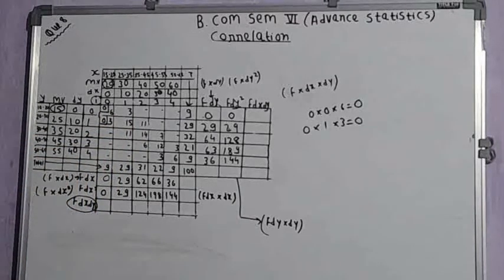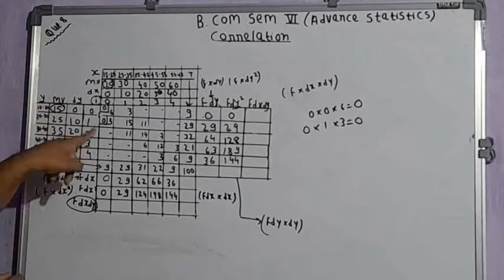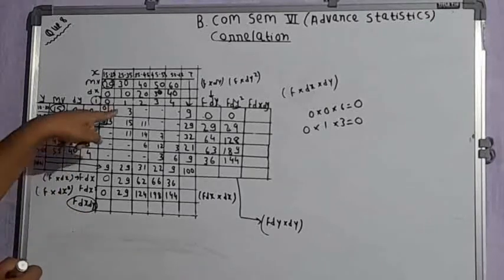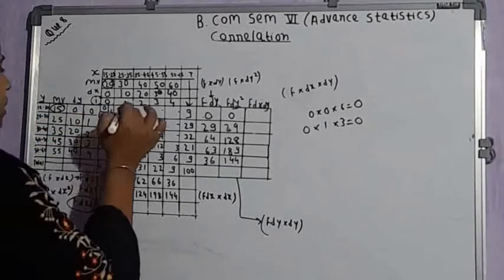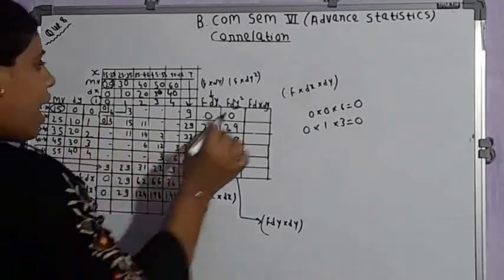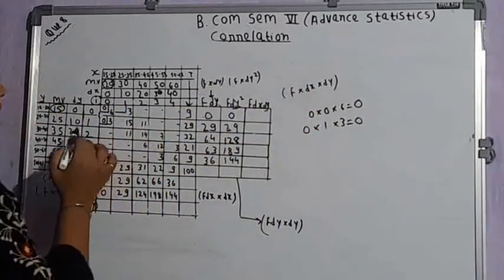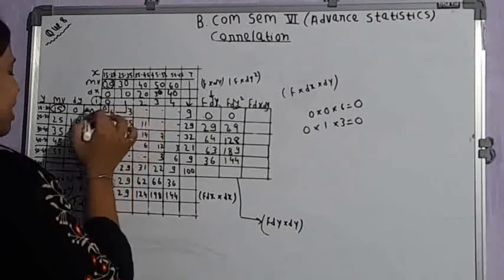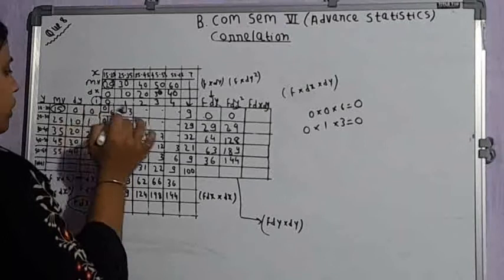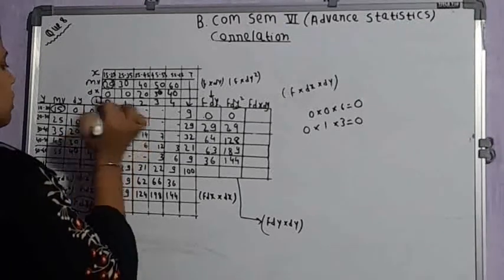If we multiply 0 by any number, it would come to 0. That is why when the frequency is 0, we are not going to make the calculation. Then here 3 is given as frequency. So f into dx into dy: dx is 1, dy is 0, and frequency is 3. So 1 into 0 into 3. Again it would come to 0.